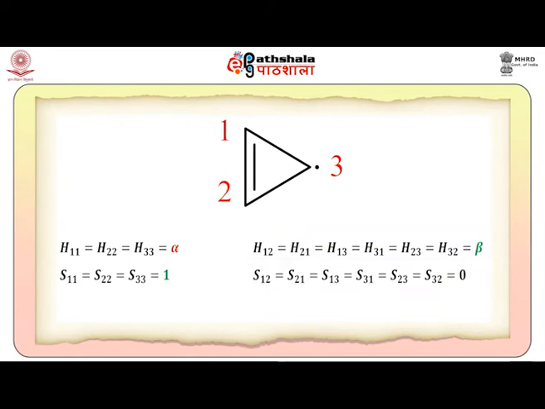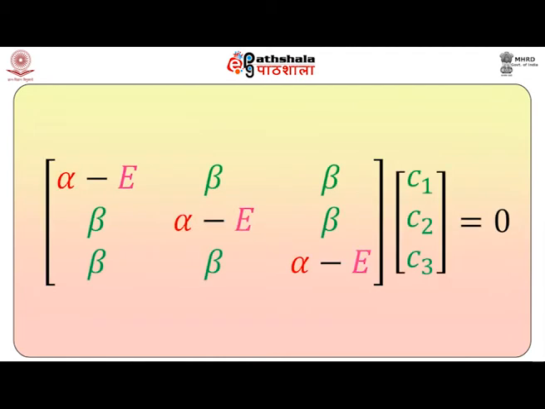Now applying these approximations to the Huckel determinant, we get the following form. The first row becomes alpha minus E, beta, beta. Then the second is beta, alpha minus E, beta. And the third is again beta, beta and alpha minus E. Then we have the coefficients column C1, C2, C3.